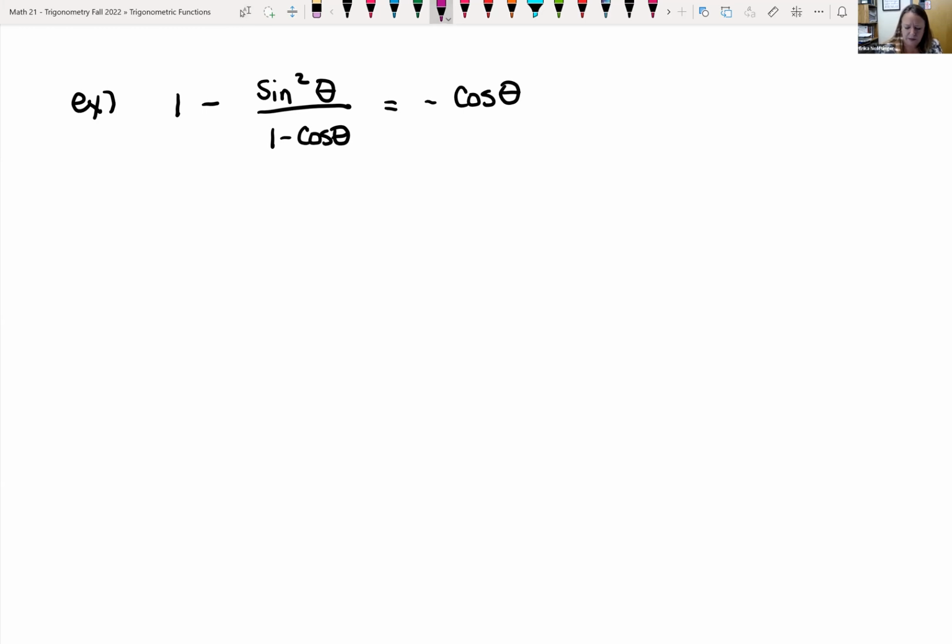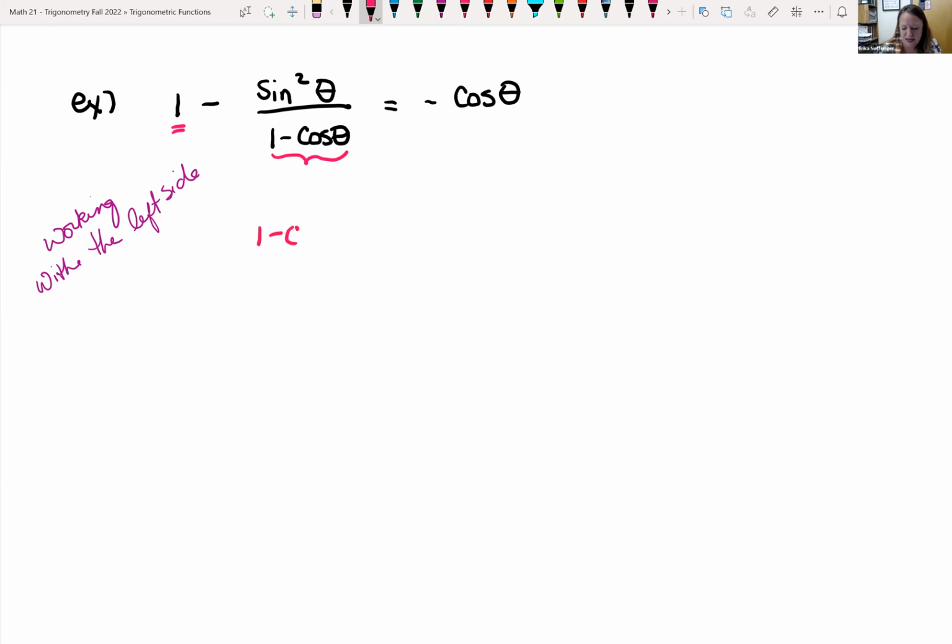And I know I'm going to work on the left-hand side. So if I got a common denominator, that least common denominator would be 1 minus cosine theta. So maybe let's try it that way.